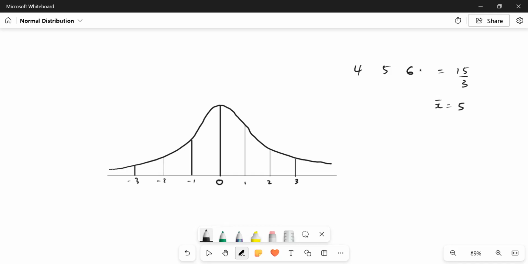And my standard deviation is calculated by taking, firstly, the distance of each of these values from the mean. If I put 5 over here, 4 minus 5 is negative 1, 0, and 1. That's the distance from the mean. And I square it afterwards.